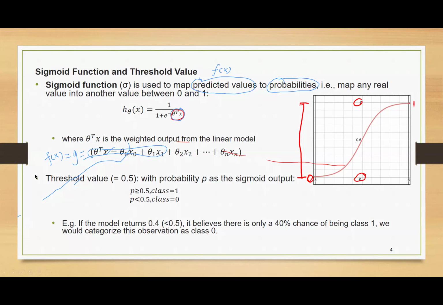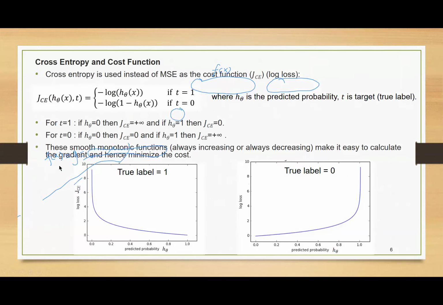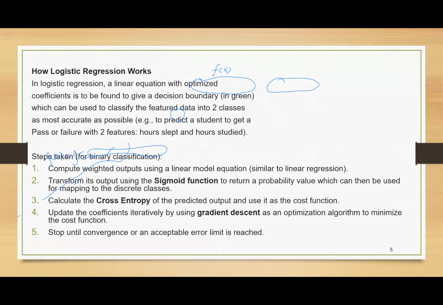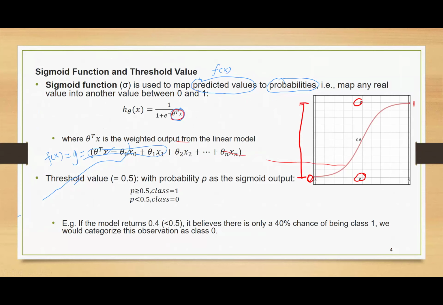Then we can use a threshold value here. Usually we set it as 0.5. If the probability is over 0.5, then it belongs to class 1. This is the threshold.